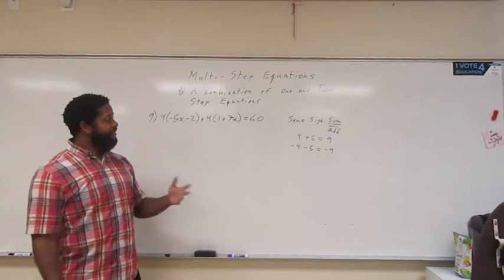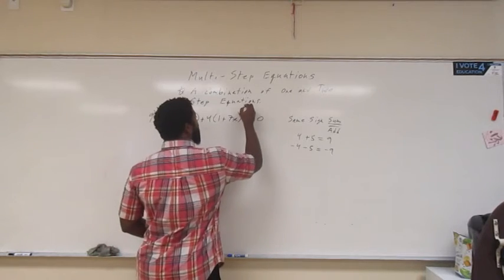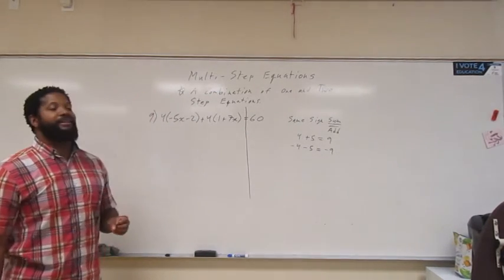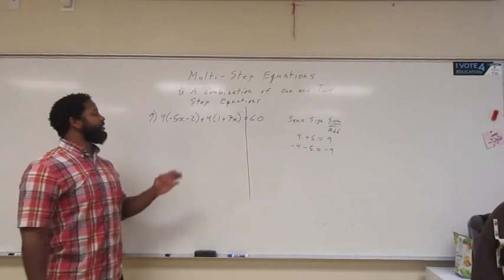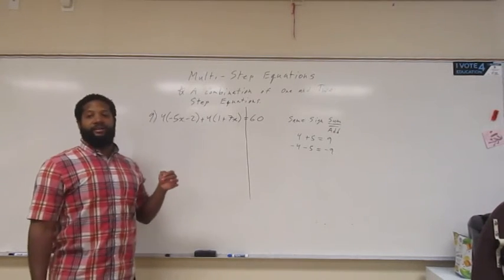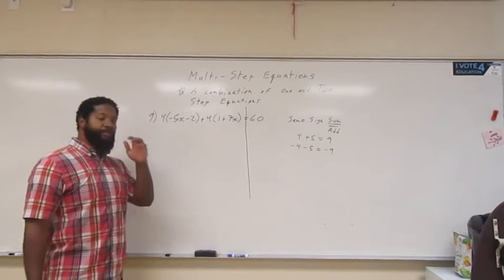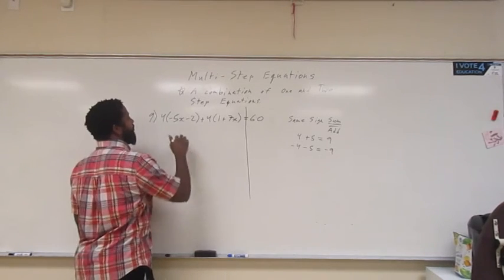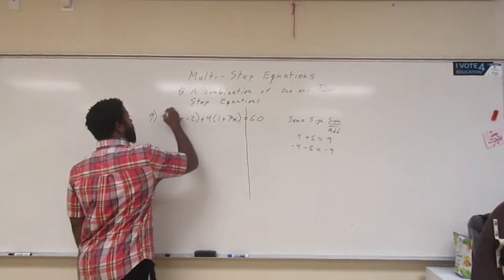But at the same time, you need to understand that you will be doing the distributive property and you're going to be combining like terms. So just be prepared for that, okay? So, distribute.